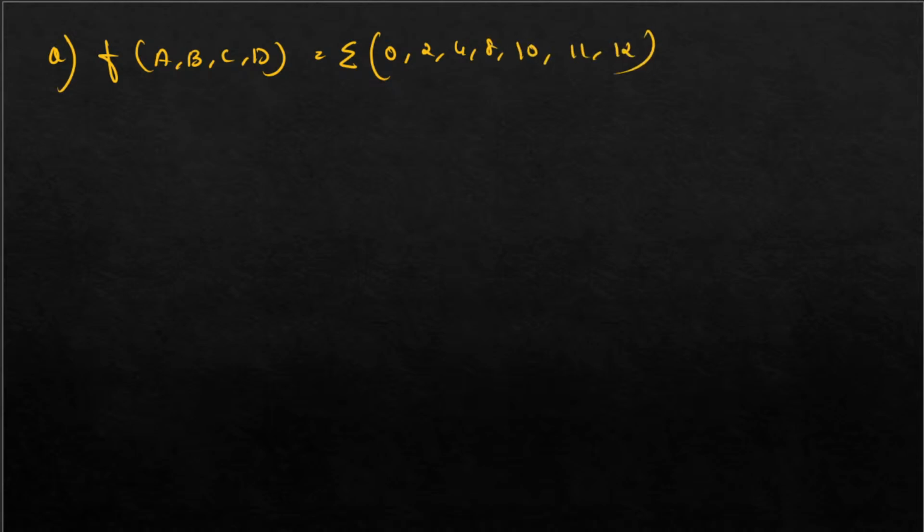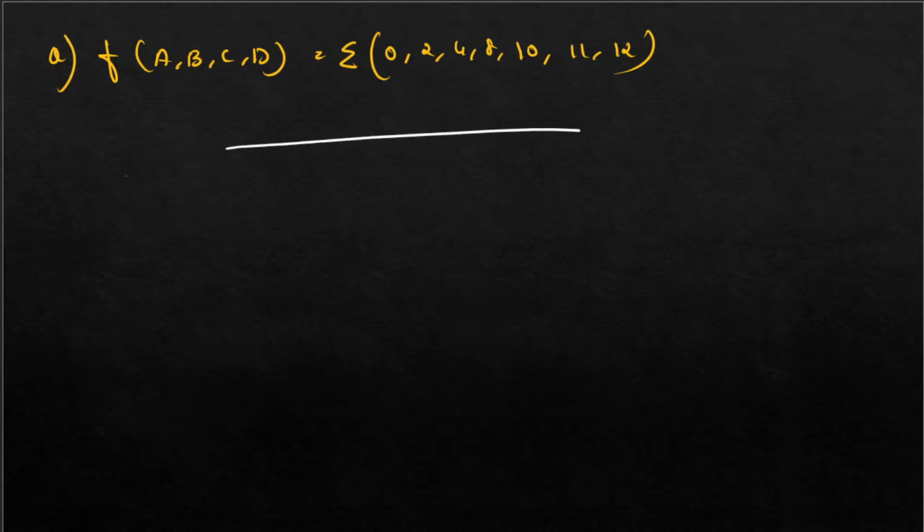So the question was, f is given a, b, c, d. Okay, minterms are given as 0, 2, 4, 8, 10, 11, 12. These are the given minterms. Okay, now as these are 4 variables, how many cells required? 16. Okay, which is 0 to 15 cells are required.